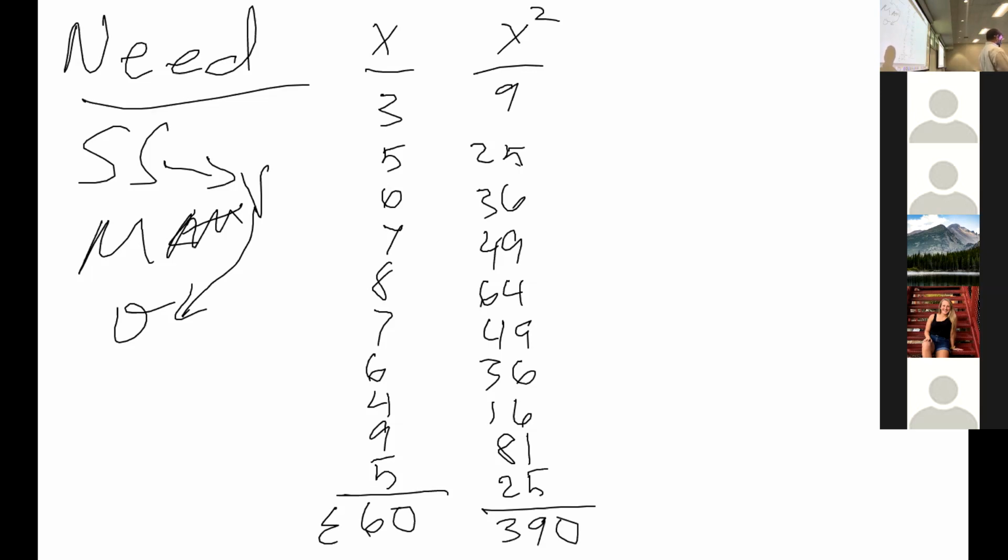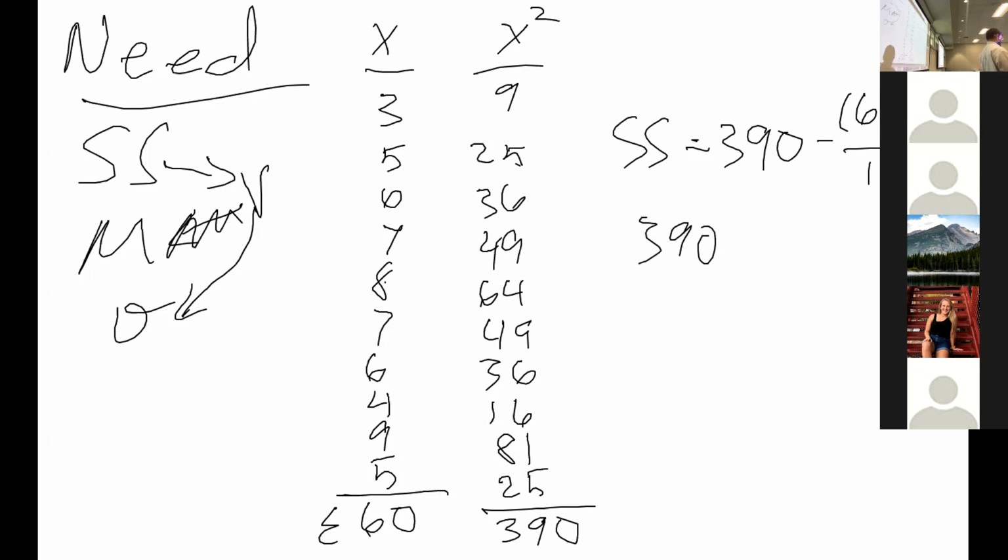Okay, 390. Perfect. All right, so to get our sum of squares, we're going to take 390 and subtract 60 squared over 10.